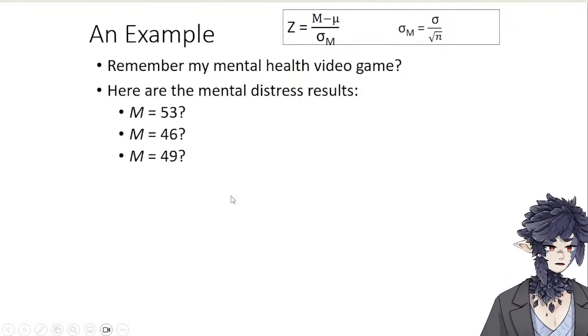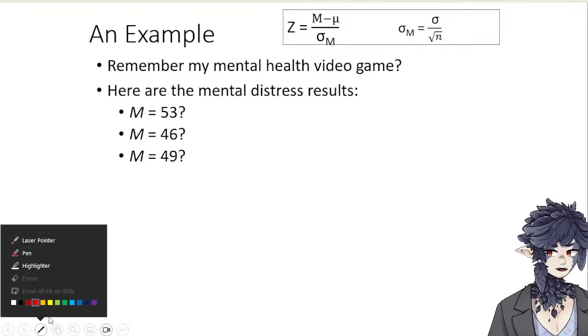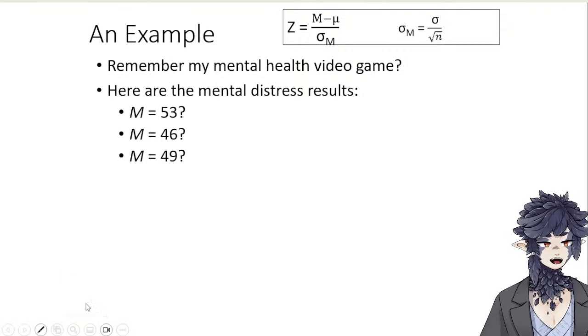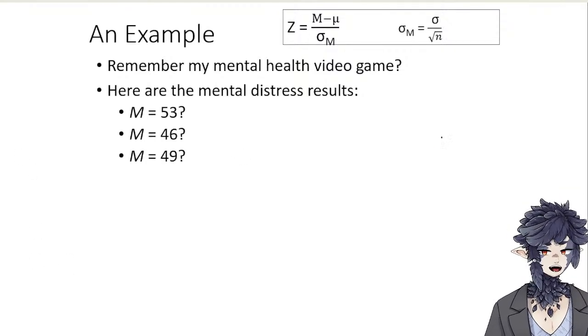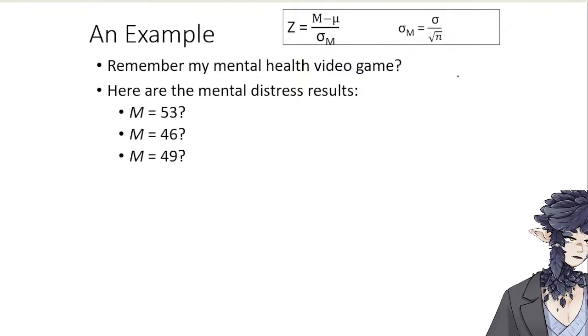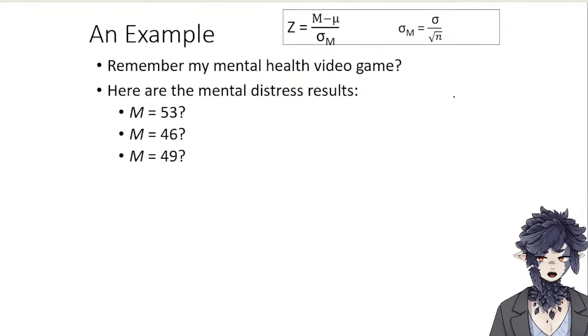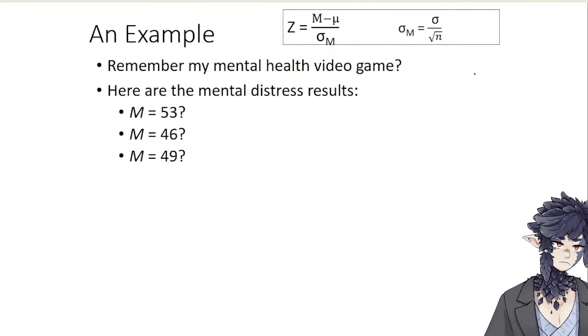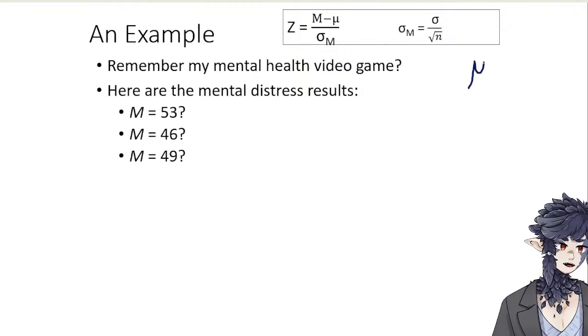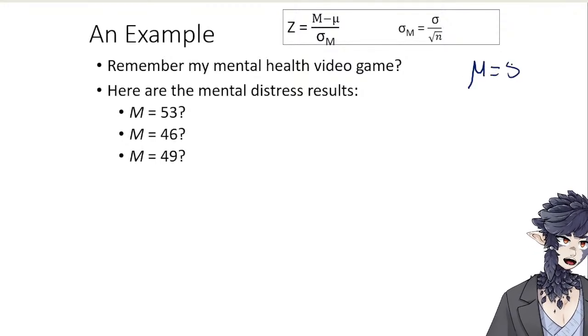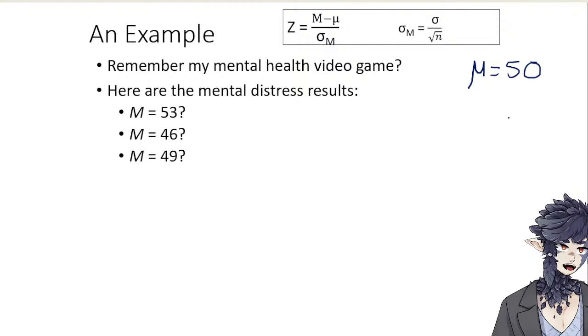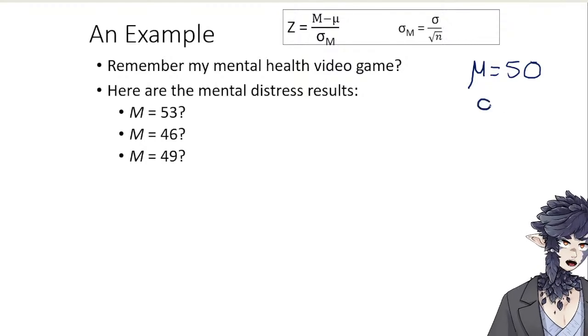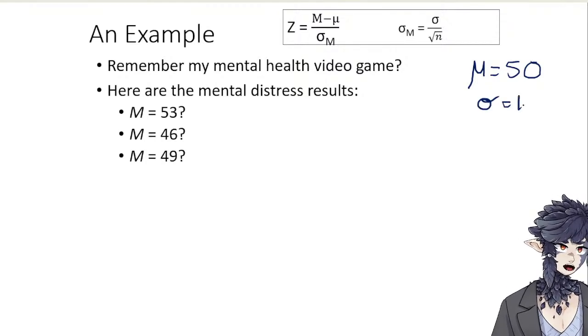As a reminder, this is on the PROMIS scale. The PROMIS scale is a scale that is used in healthcare to measure various things. We're specifically using the PROMIS scale for mental distress, and I'm trying to create a video game that helps people with stress and trauma and depression and stuff. The population mean for mental distress on the PROMIS scale is 50, and the population standard deviation is 10.